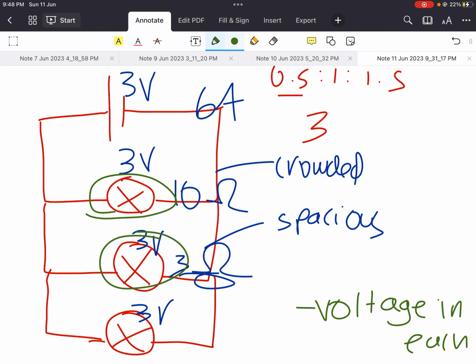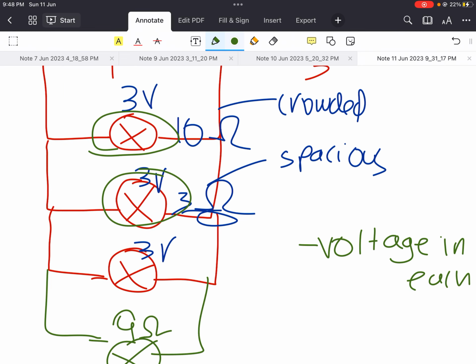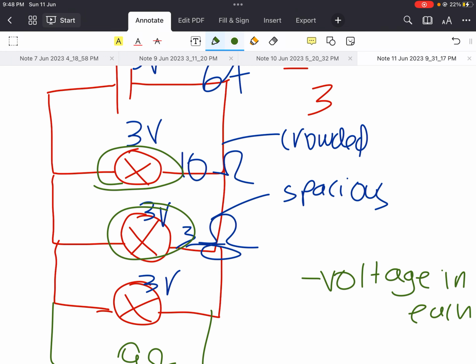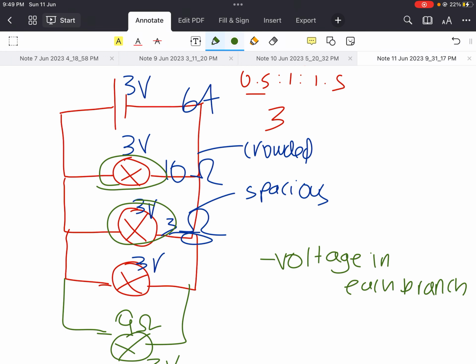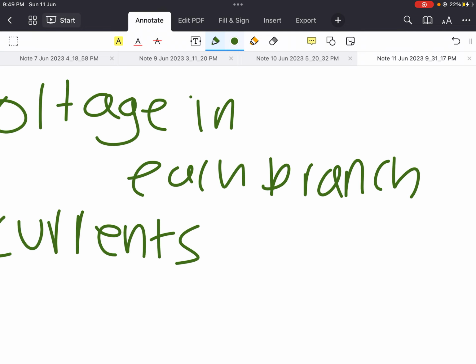The only thing that determines the voltage you're getting is the fact that it's in parallel. So anything you put in parallel, if you put a 9 ohm filament bulb over here, that's also going to get 3 volts. But current splits at the junction.